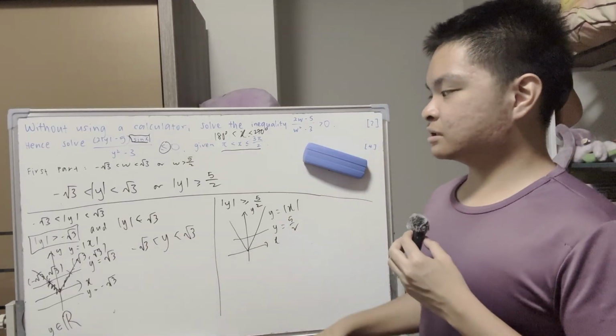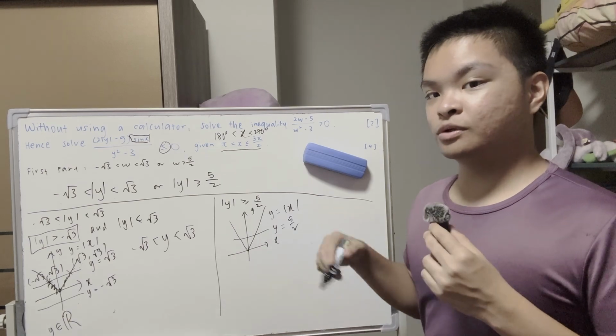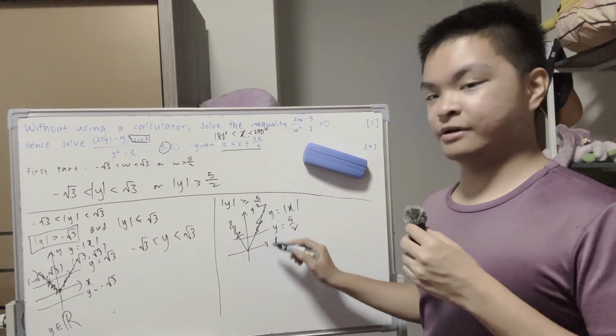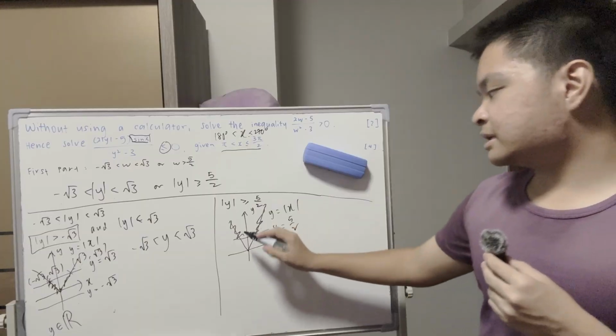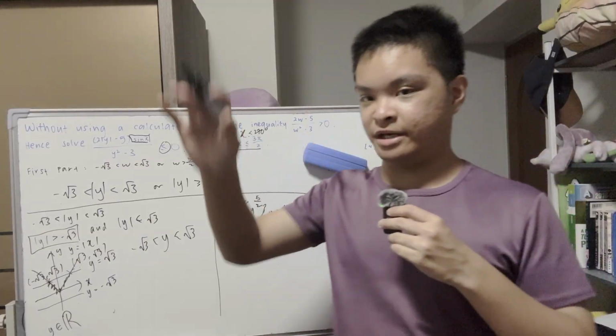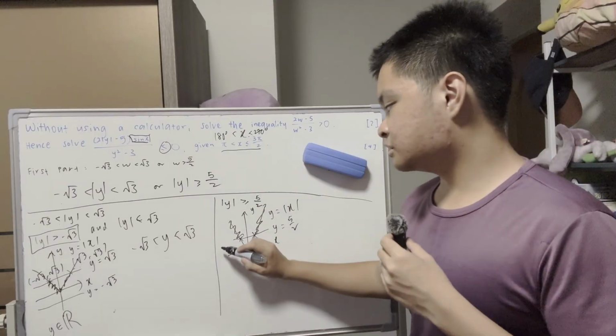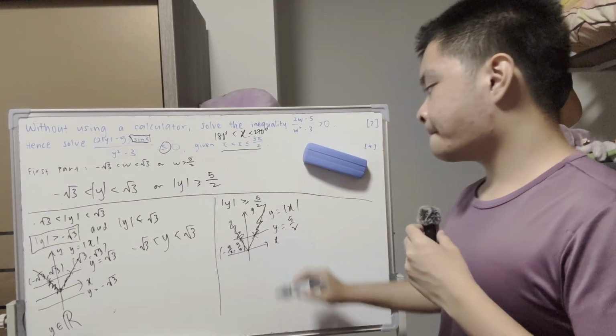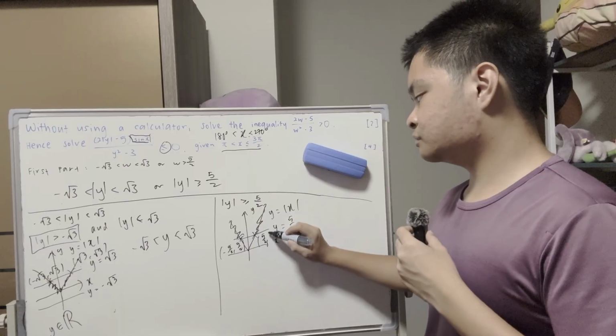So now the question wants us to do more than or equal to 5/2, which is actually beyond this area. So again, we're finding the point of intersection between the straight line and the V shape. This will be -5/2, 5/2. This is 5/2 and 5/2.